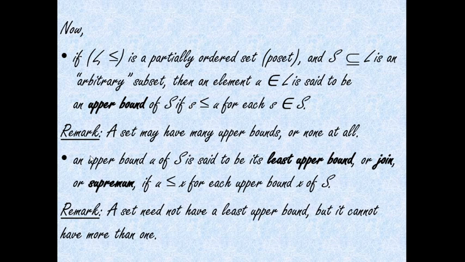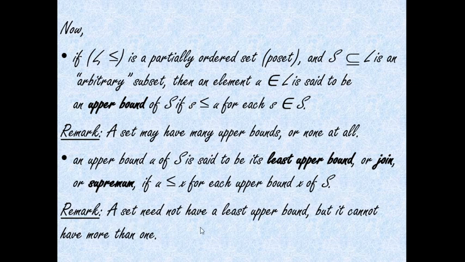Now you have an upper bound U of S, and we call it a least upper bound, or join, or supremum, if this upper bound is the least among all the upper bounds X of S. That is, U is less than or equal to X for each upper bound X of S. Again, we have a remark.